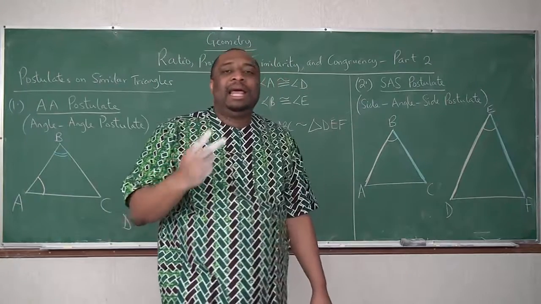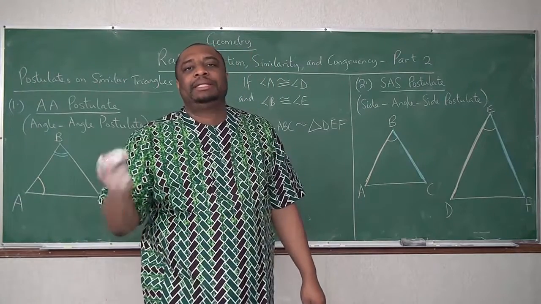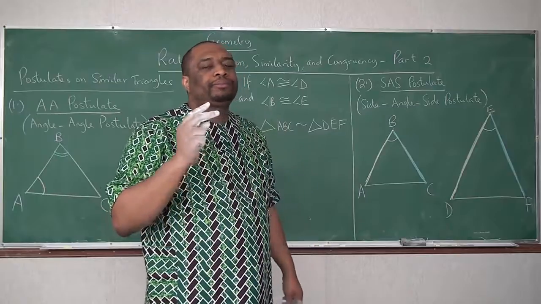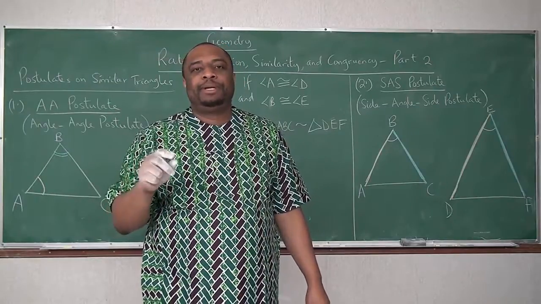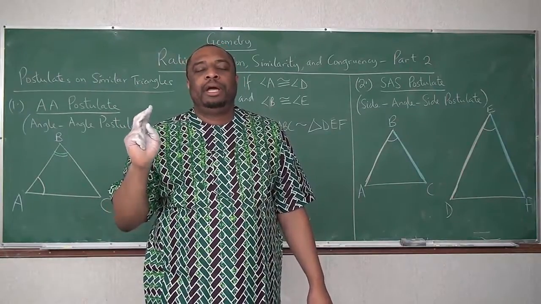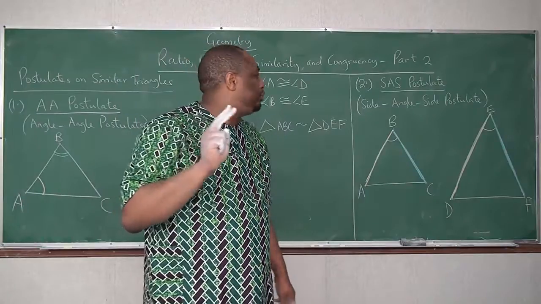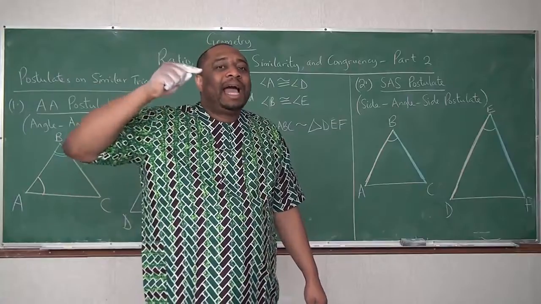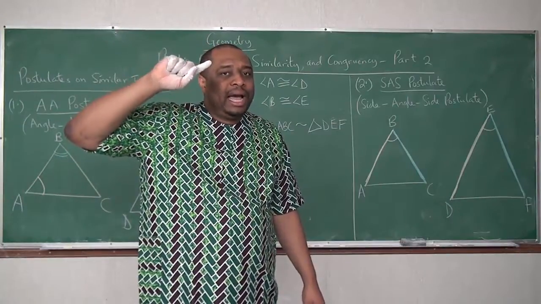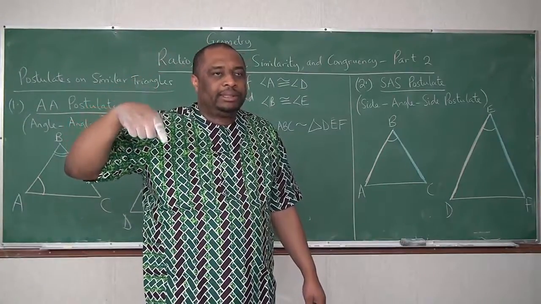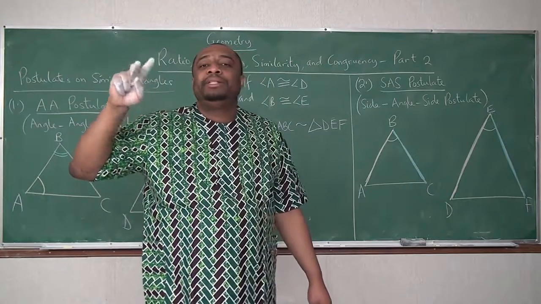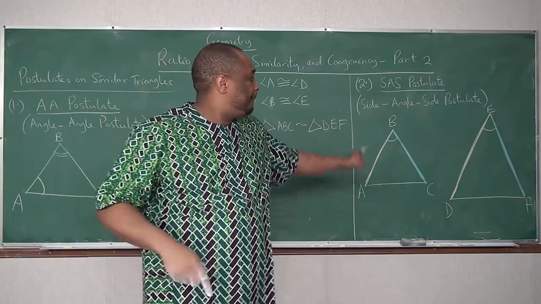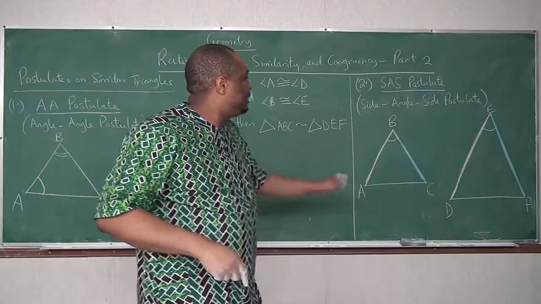Okay? If the lengths of the corresponding sides of two triangles are proportional, and if their included angles are congruent, then the two triangles are similar. So that is what we did here.